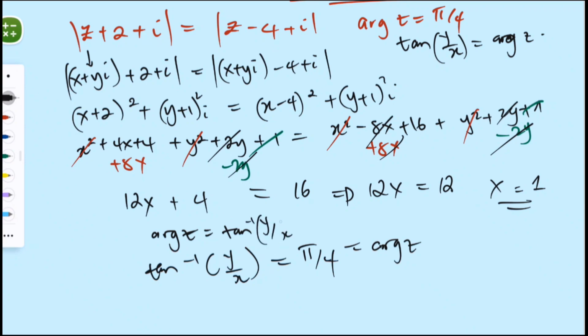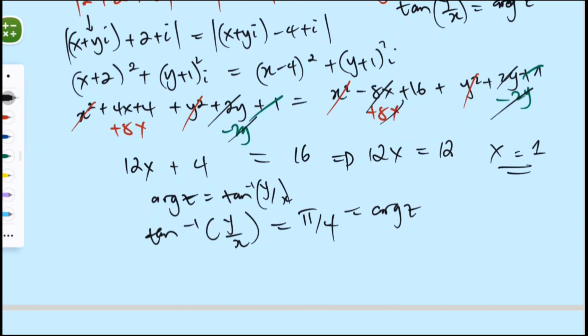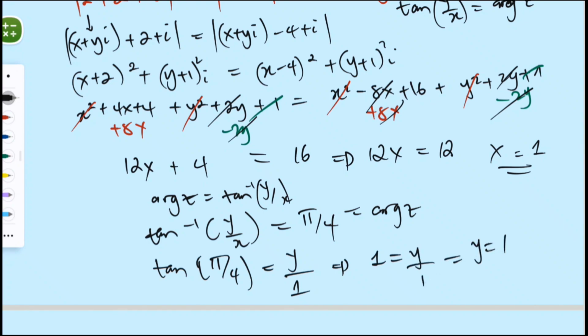That's the correct one. From here, if I take tan to the other side, it's going to be tan of π/4 equal to y over x, which is just 1. So y over 1, y is equal to 1. That's good. So definitely z, which is x + yi, is 1 + 1i, which is 1 + i.